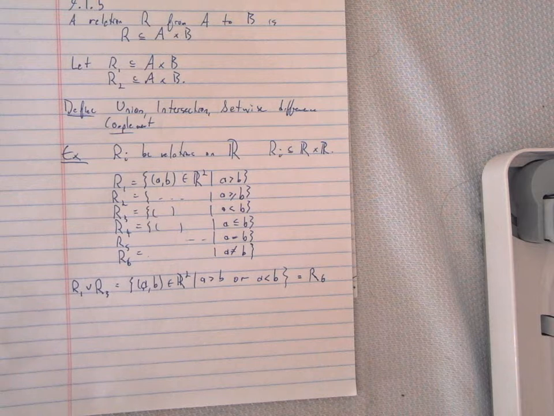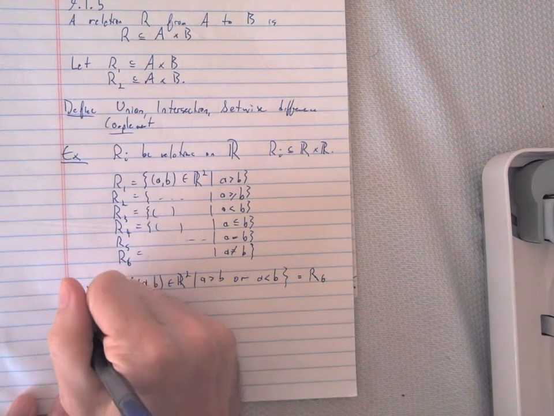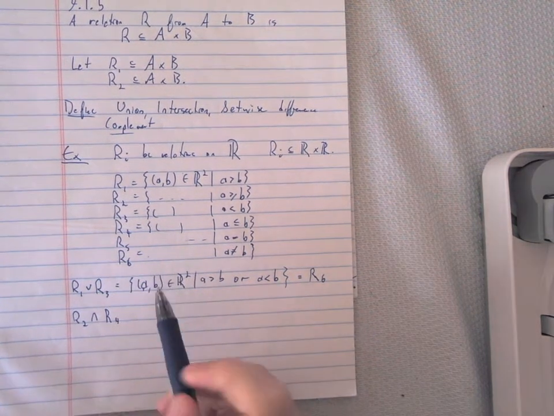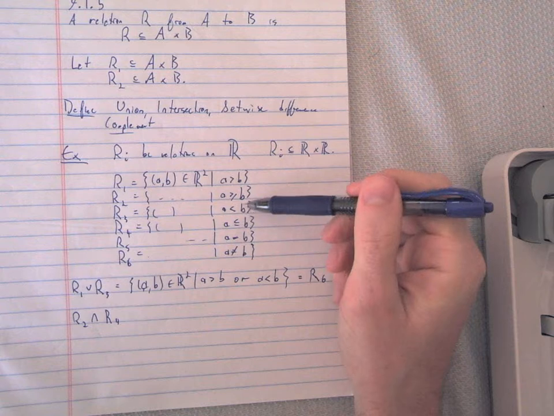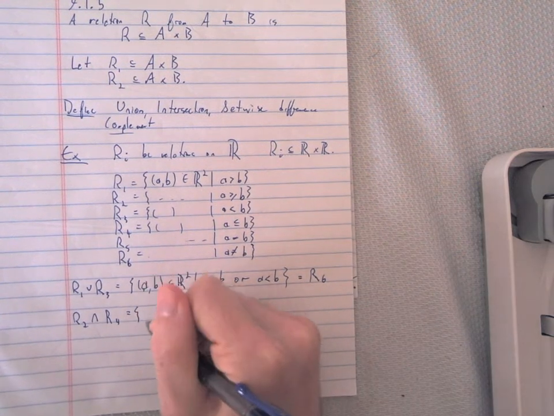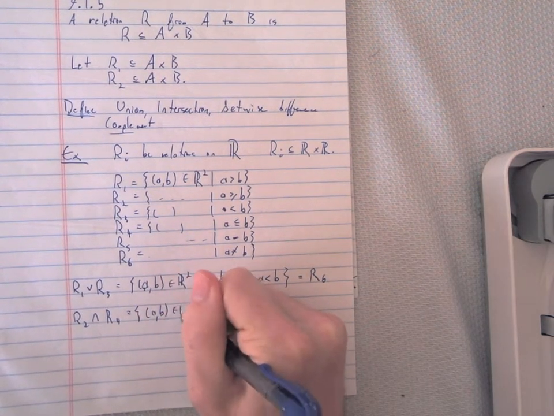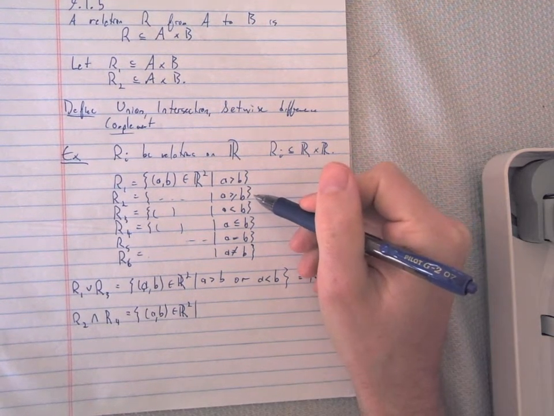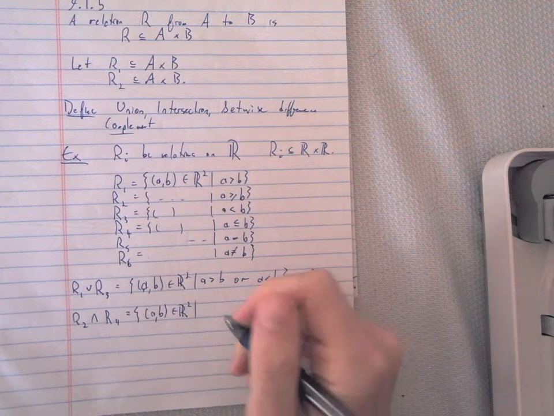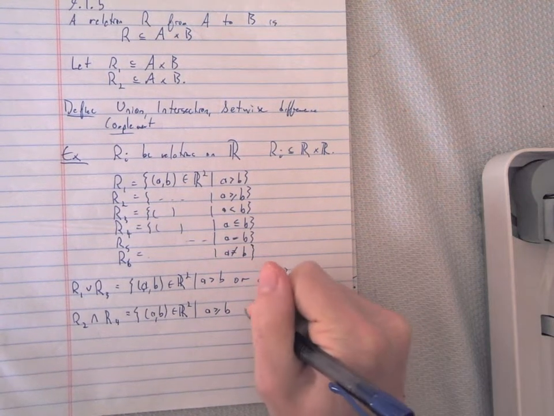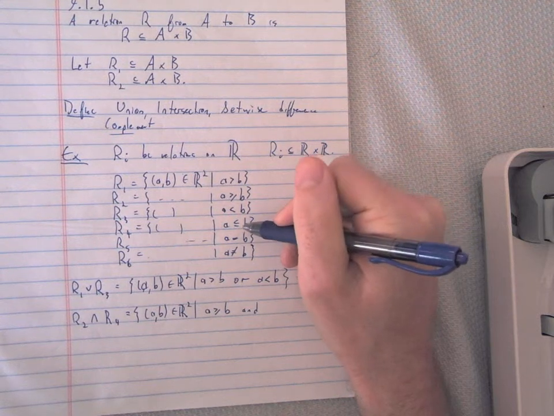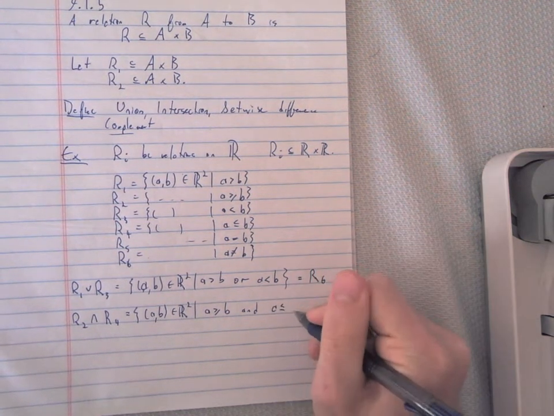What else? Yes. Let's also consider R2 intersect, say, R4. R2 intersect R4. That means that we want the collection of all tuples (a, b) in R squared such that the point (a, b) is in R2, which means a is greater than or equal to b. And it also needs to be a point in R4, namely the tuple also must satisfy a is less than or equal to b.